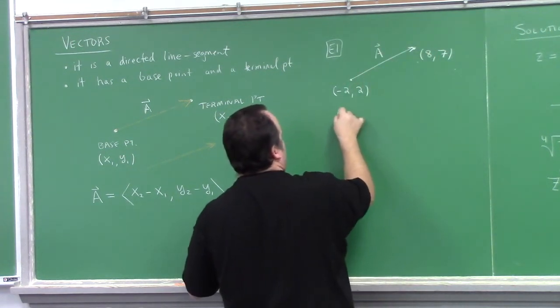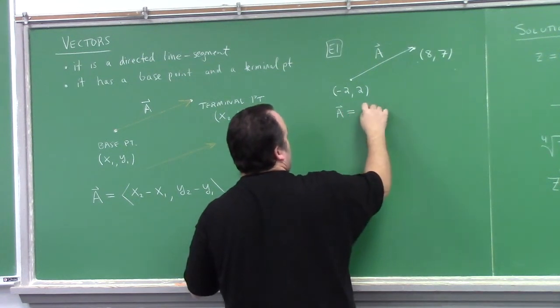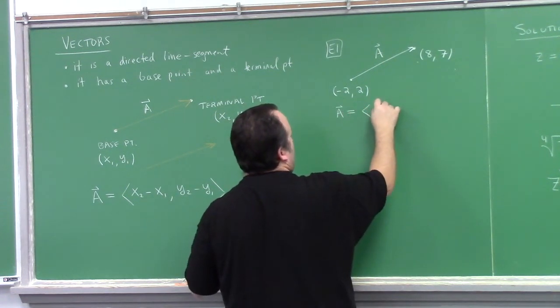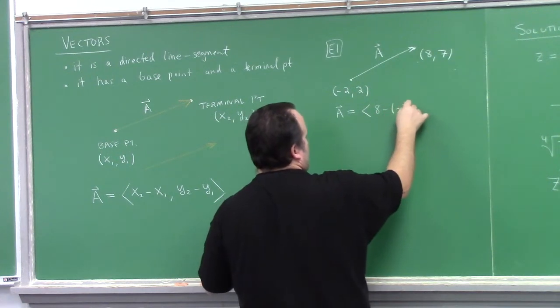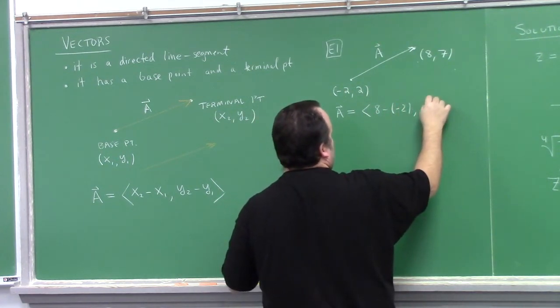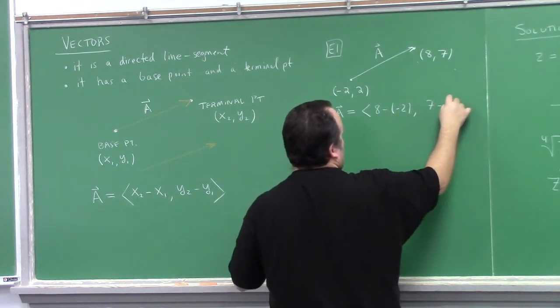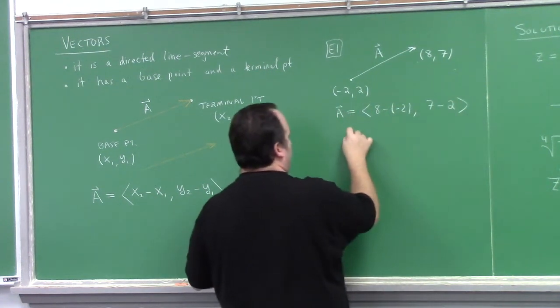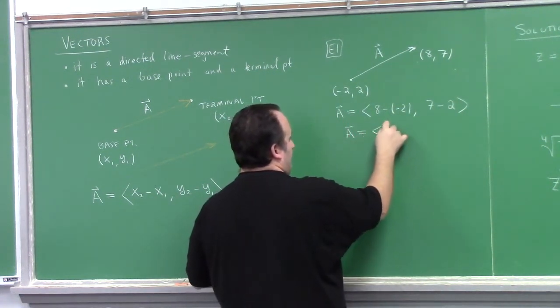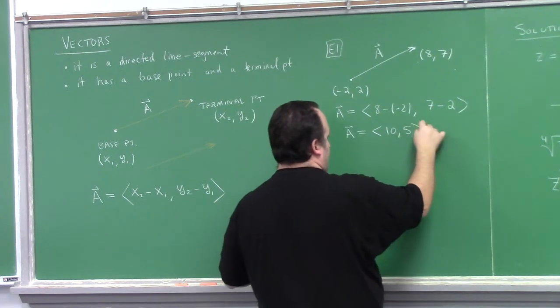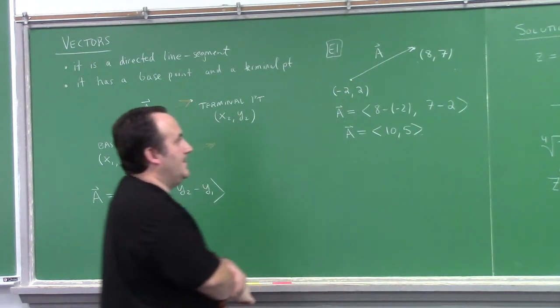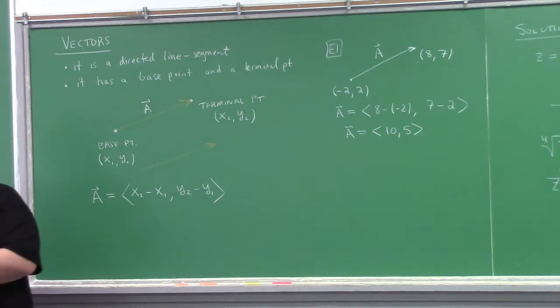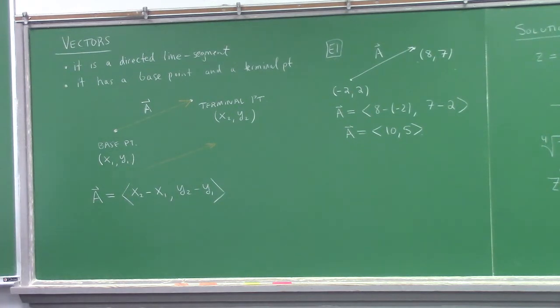Well, then A is equal to <8 minus minus 2, 7 minus 2>. So the vector is <10, 5>. So yeah, this you've got. All right, very good.